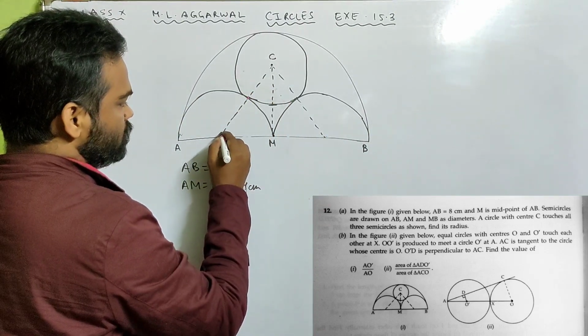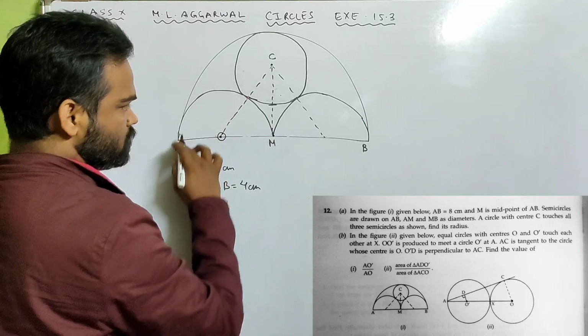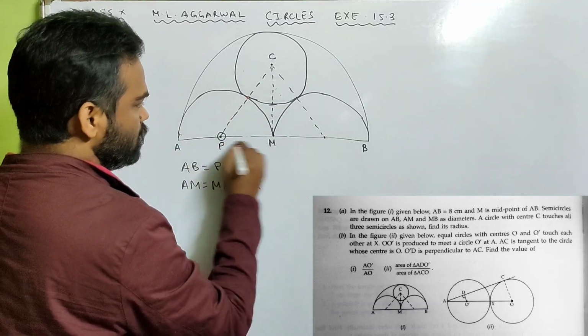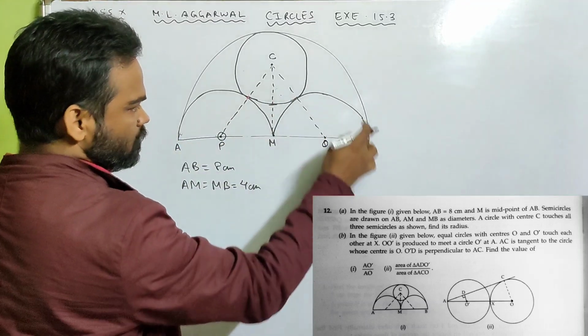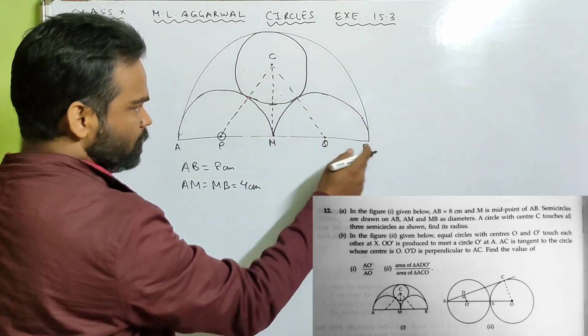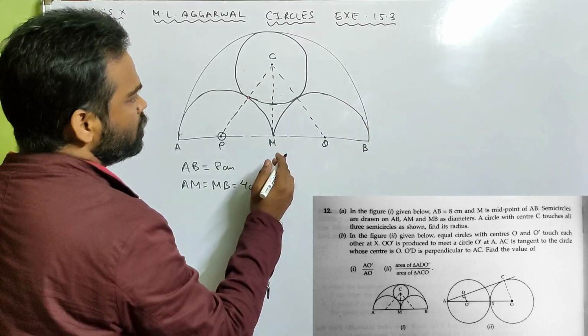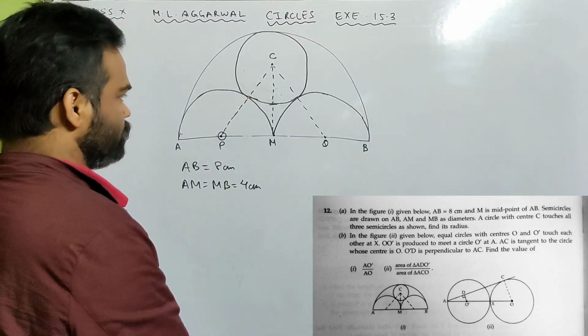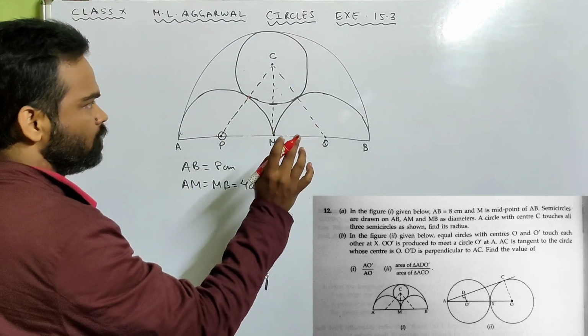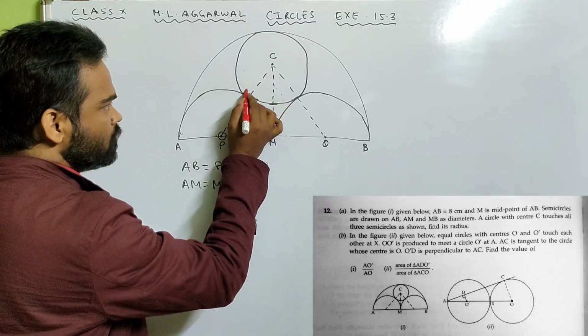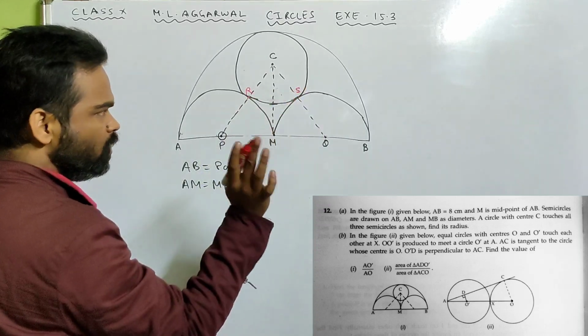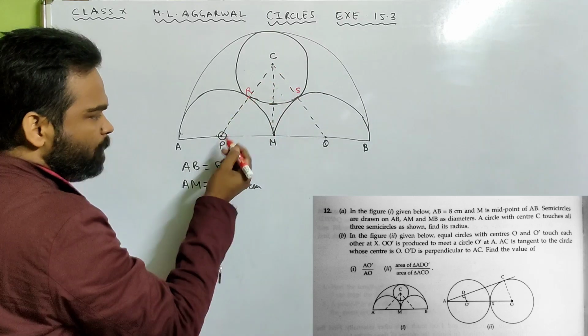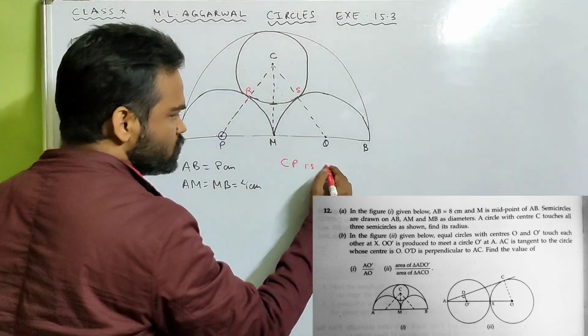Look carefully. This is the center of this semicircle P. This is the center for this semicircle. Now look over here carefully how to proceed. Suppose this is PQ, this is R, this is S. We know one thing, that CP is a straight line.